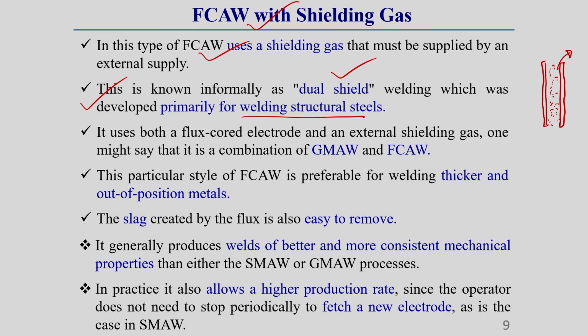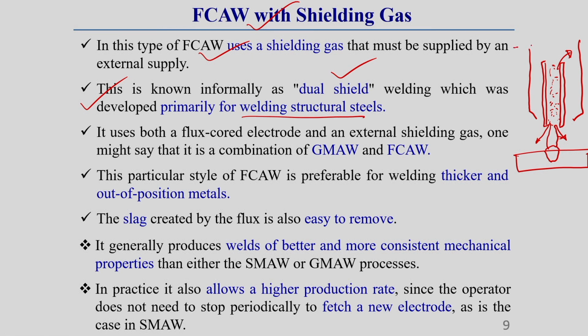The gases developed are not sufficient to protect the weld pool and arc from atmospheric contamination. That is why an additional nozzle is used.